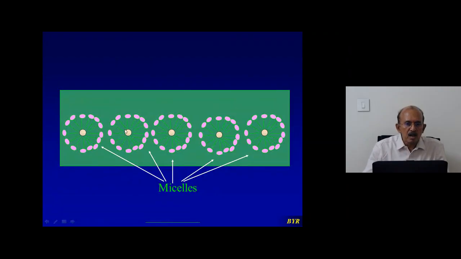So this is the cholesterol that will be in the center. To it, all these sticks are attached. There will be about 15 to 20 or 25. And at this end, a water molecule will be there. So for each molecule of cholesterol, there will be about 20 to 25 molecules of water attached to it through the medium of the bile salts.